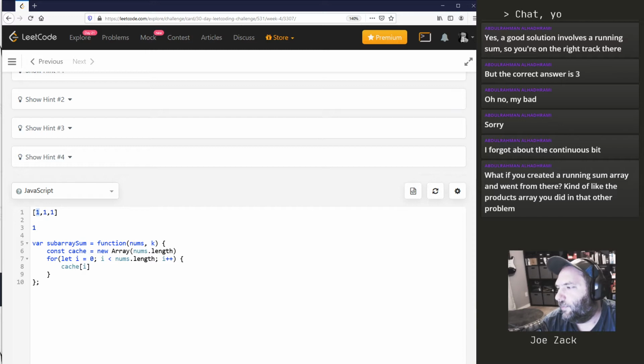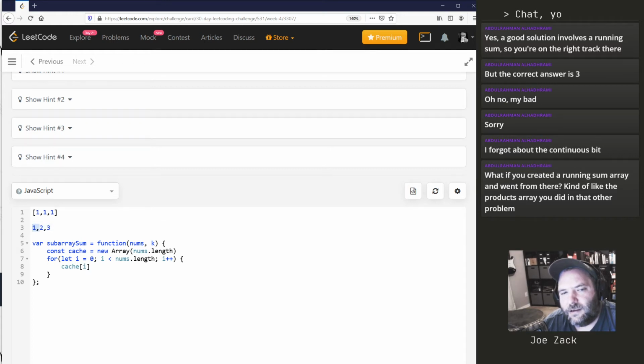Running sum array went from there. Kind of like the products array you did, yeah, that's the products one I was kind of thinking of. Yeah, so I thought about the running sum, but I felt like I had to do some subtraction there and I was getting tripped up. So if I did running sum, then 1 plus 1 is 2, plus 1 is 3. But then what I wanted to do is basically go back and kind of subtract this 1 to make sure I looked at all combinations.